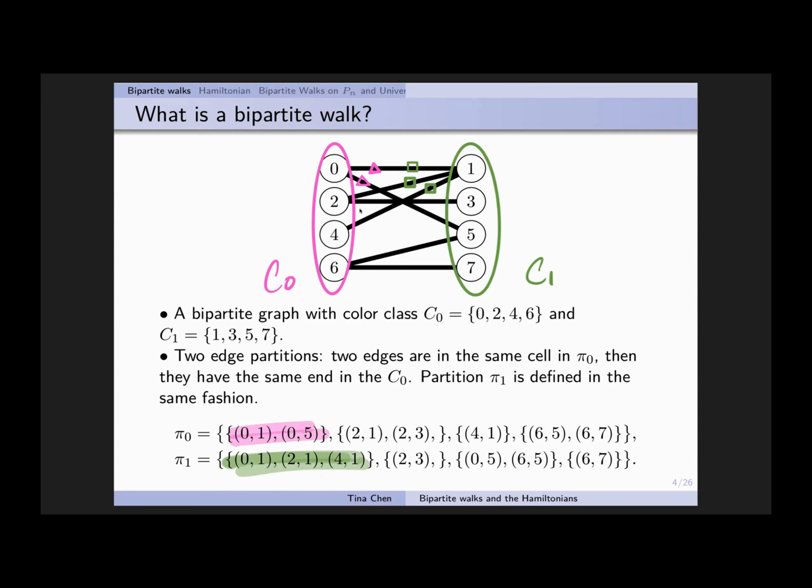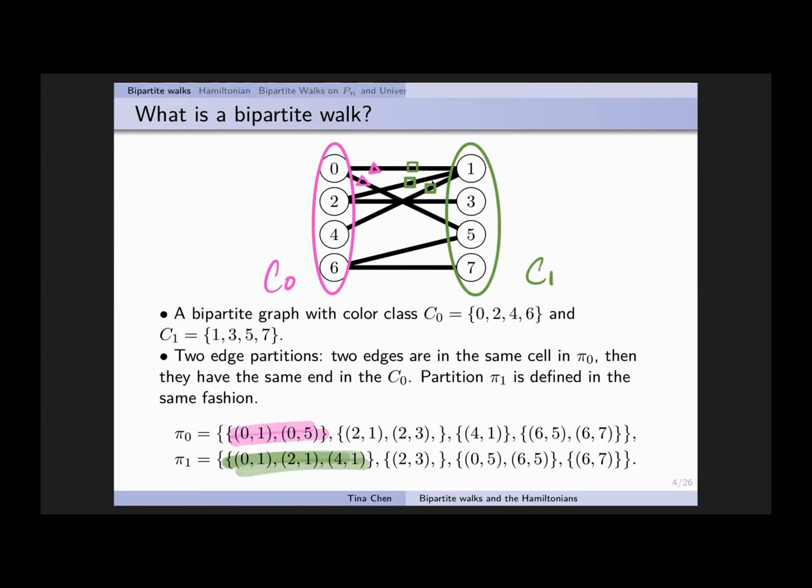That's the example I'm showing here. The edges marked with triangles are in the same cell of pi 0, and the ones marked with squares are in the same cell of pi 1.